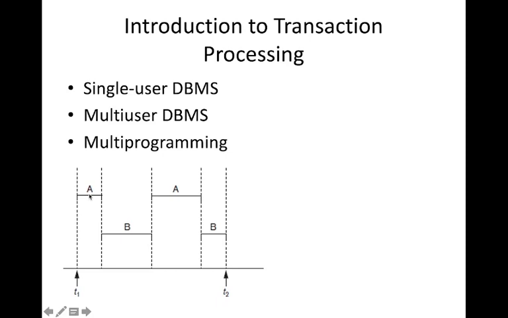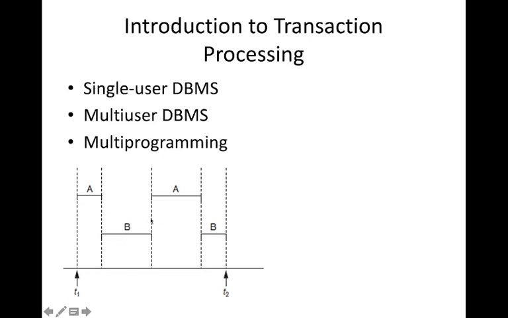So if a process A is running, after some time it will be suspended, and another process B will be running. Then after that, A will run again, then it will be suspended again, and after that B will run. So at time T1, A will be executing, and at another time, B will start its execution.